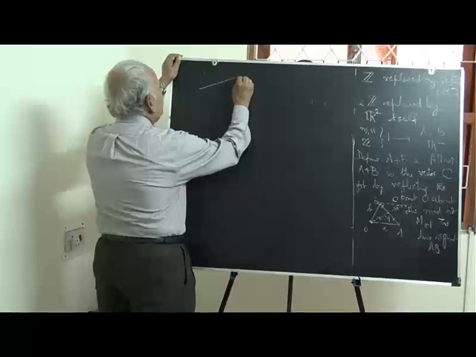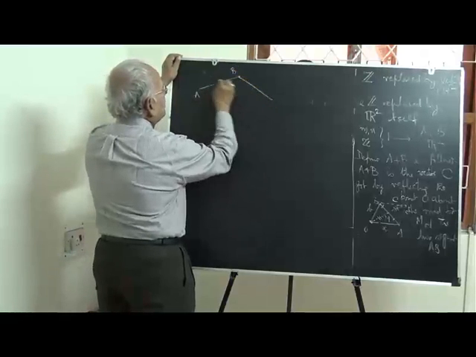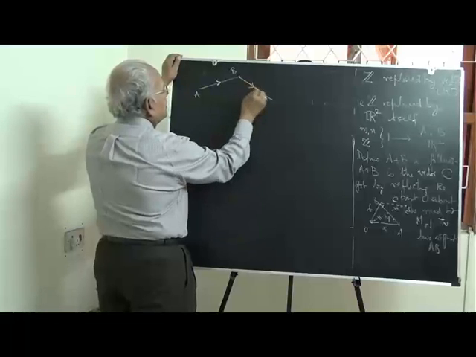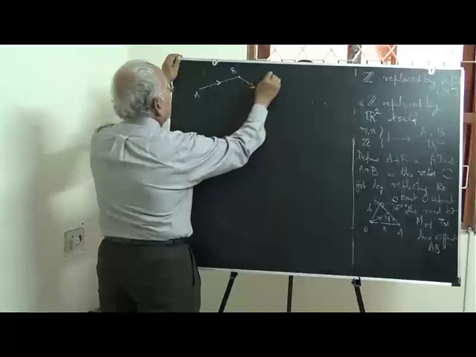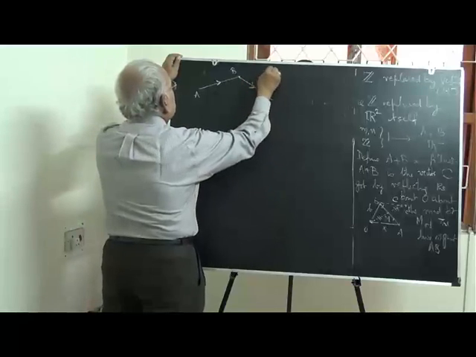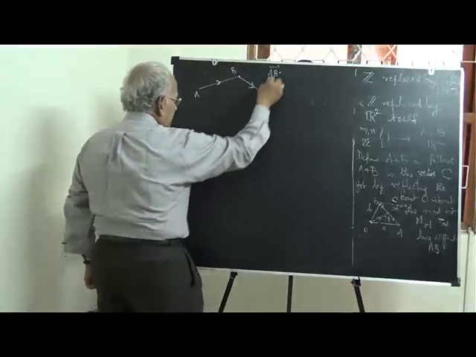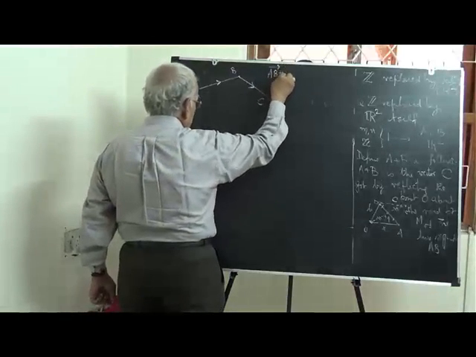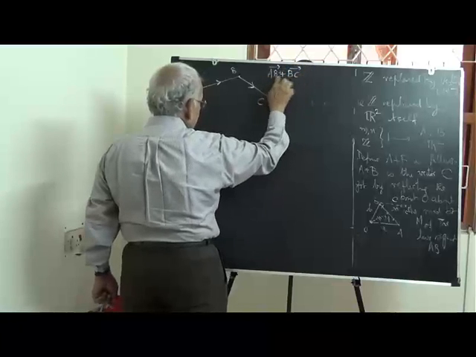Like if I take two directed line segments or vectors, I am frequently switching from one type of representation to another, but you shouldn't get confused, because AB is a vector, BC is a vector.